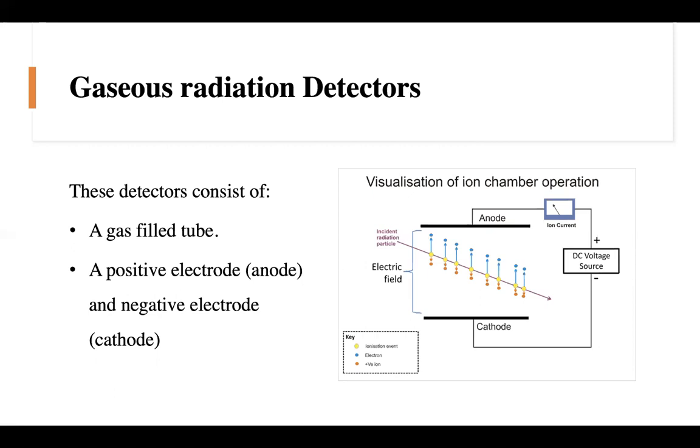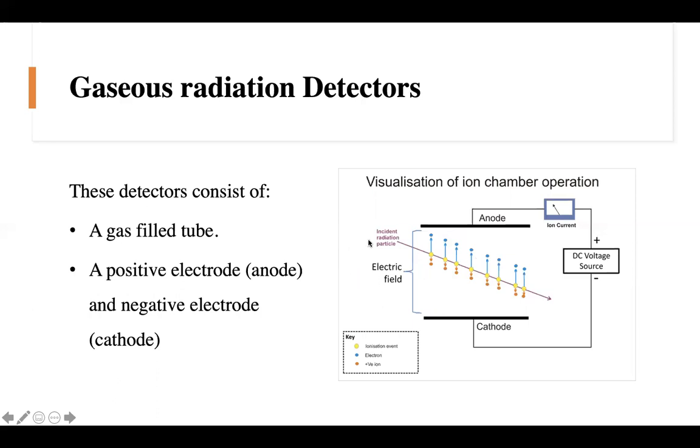In this graph, you can see the gas detector can be in different forms, but the basic is the same. It is composed of an anode, which is a positive charge electrode, and a cathode, and the gas is between them.